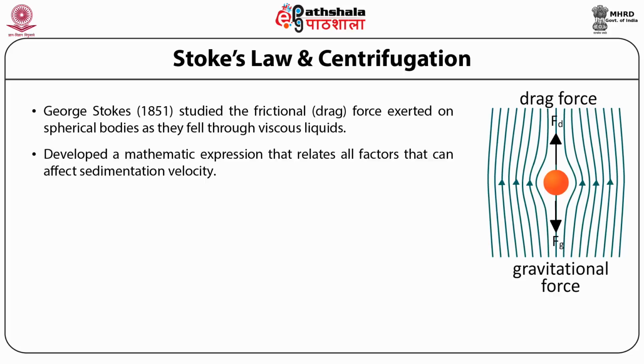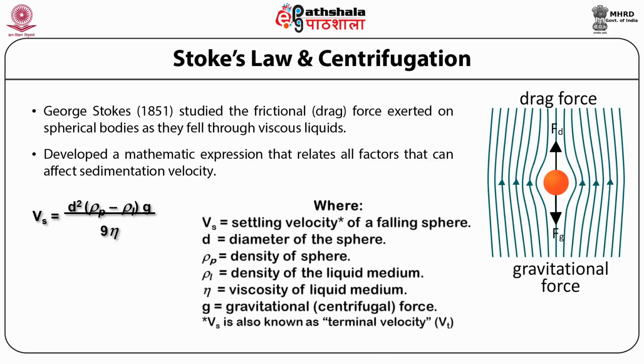The Stokes equation describes that the sedimentation velocity is proportional to d squared into the difference in the density of the particle and the liquid medium, multiplied by g and divided by 9 eta, where eta is the viscosity of the liquid medium. So you can see the diameter of the molecule is a very essential factor, and at the same time the density of the molecule as well as the density of the liquid medium, and especially the difference in their densities, is the main factor to separate molecules of different sizes.